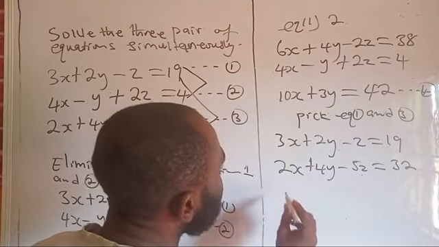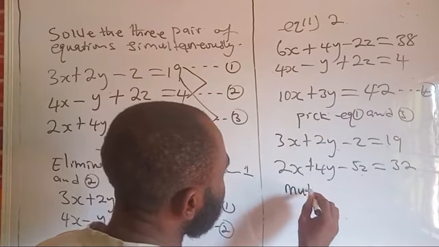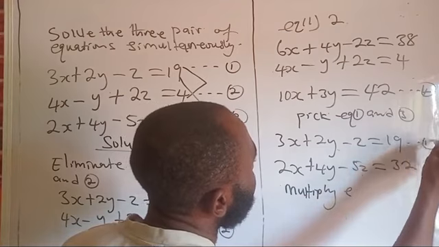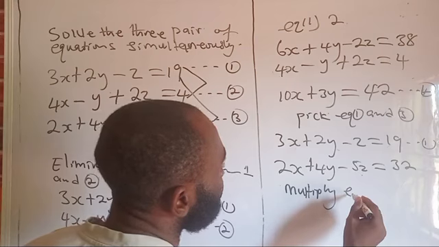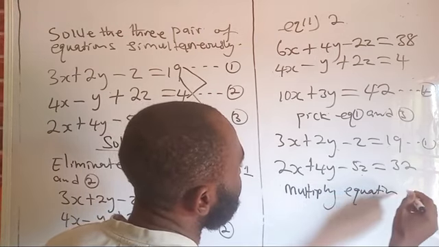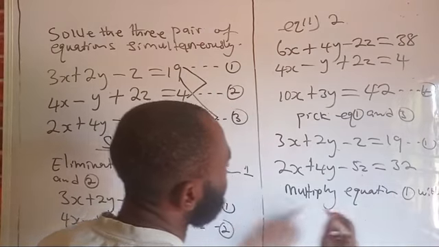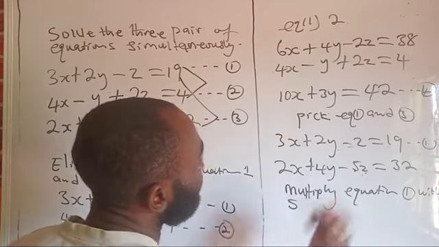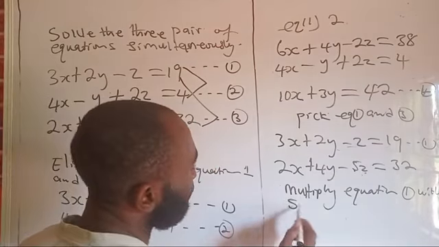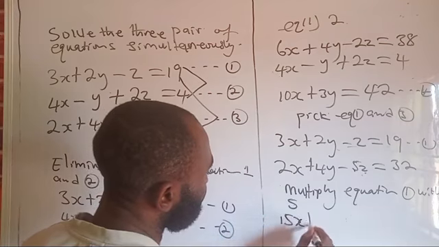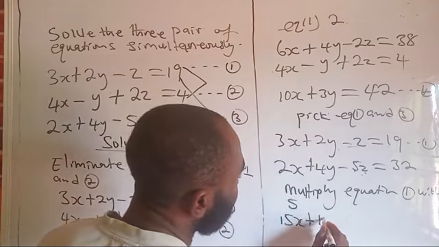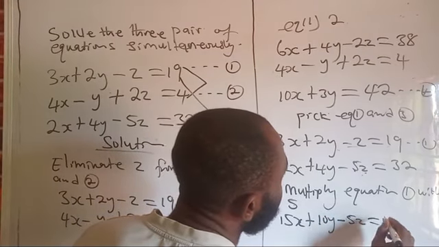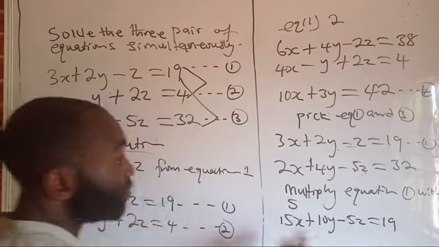So we are going to multiply equation 1 by 5, because we must make z carry the same coefficient of 5 as here. So 5 times 3 gives us 15x plus 5 times 2 gives us 10y. 5 times minus z gives us minus 5z.